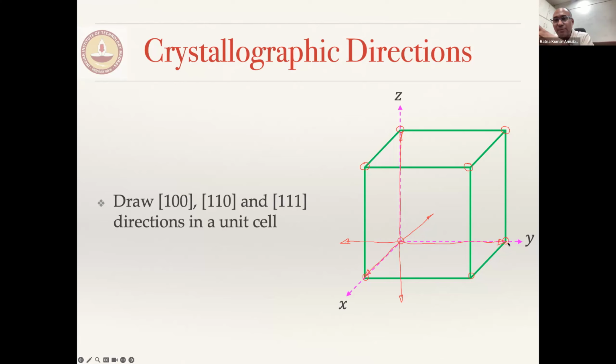Because it is exactly the same, you are experiencing the same environment throughout these directions, irrespective of which direction you are moving. These directions are called equivalent directions. Is that clear?